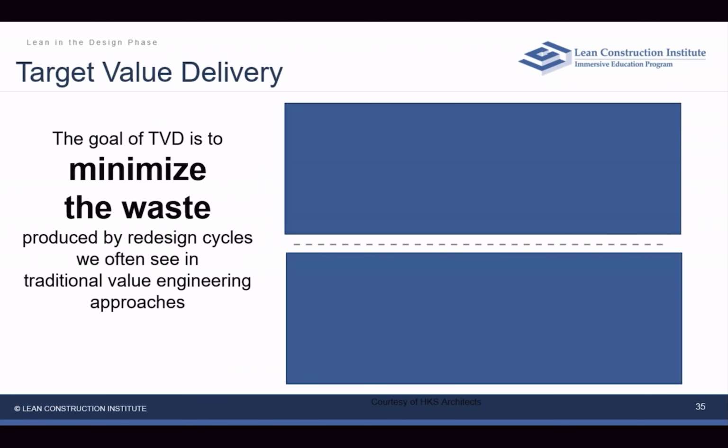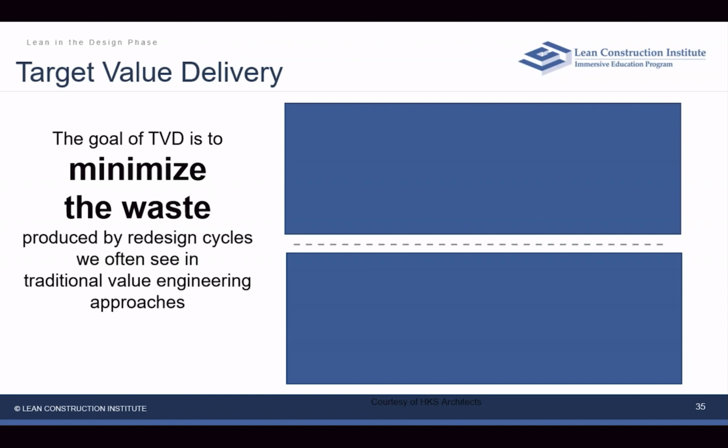So let's talk about target value delivery. And in order to talk about target value delivery, we're going to compare it a bit to traditional delivery. And I know that's not really fair because design build folks and others have a lot of other mechanisms and delivery contract methods that are solving some of this, but this is how we're going to approach it just so that we can get a basic understanding of target value delivery.